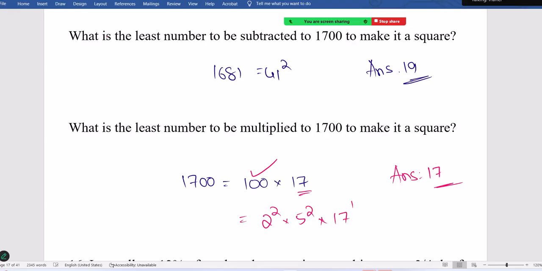All powers must be even for a perfect square, so I want one more 17. The least number to be multiplied is 17.